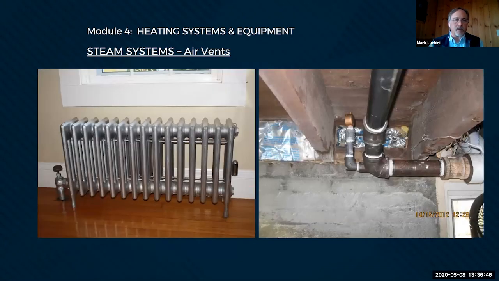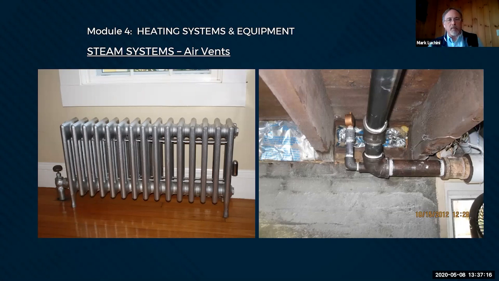So here's an example of a cast iron radiator, a one pipe radiator, with an air vent on the opposite end from the inlet. So steam comes in, flows up, condenses, flows back out. As the steam's coming in, the air is going out. And then you also typically would have them on your mains down in the basement and various spots along the system. The quicker the air can get out, the quicker the steam can get in.